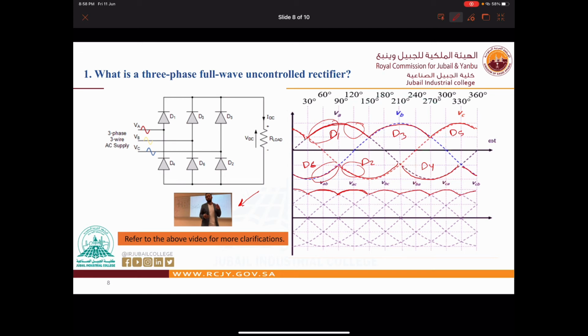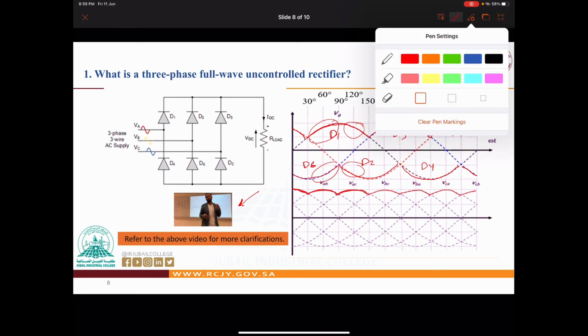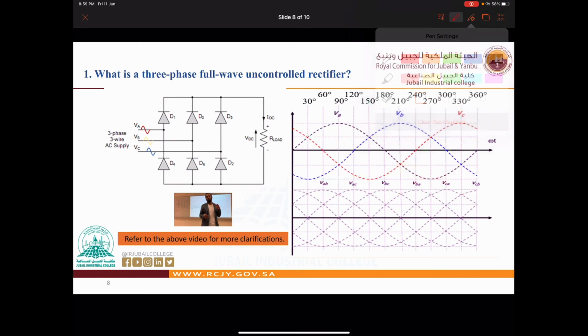Now, in order to draw it perfectly, we need to do something very important, and he already explained very well in this video how to draw this graph. We can draw at each 60 degrees.